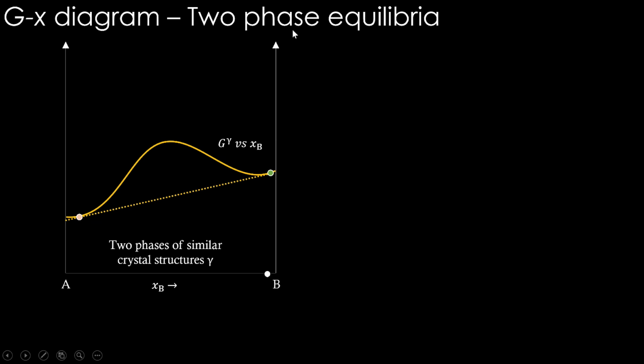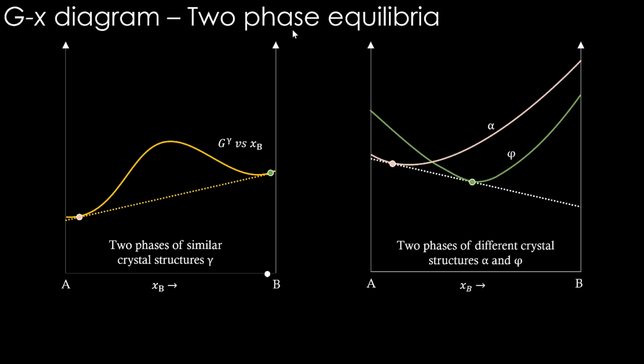We have also seen one more two-phase equilibrium previously, where we had two phases coming in equilibrium, but they have different crystal structures. In this case, it is alpha and phi, two phases of different crystal structures. They can come in equilibrium. So the two phases occur in different manner like this. But what is important here is, even in one single crystal structure, one single curve, you can identify the two-phase formation like this.